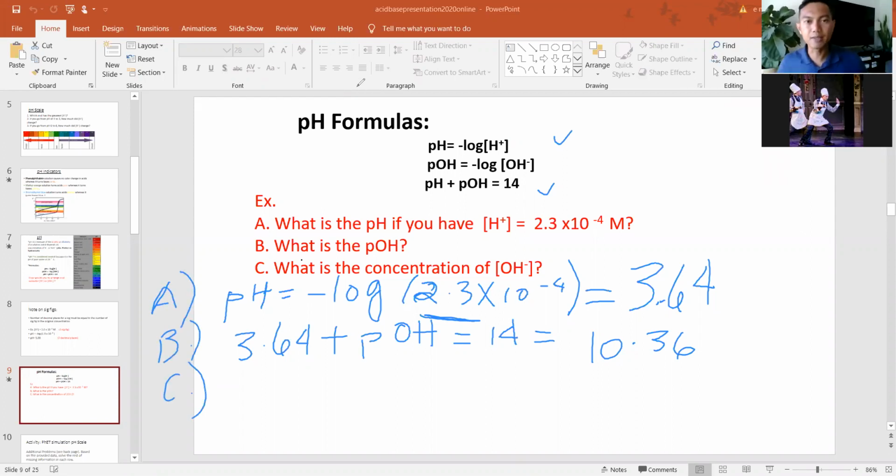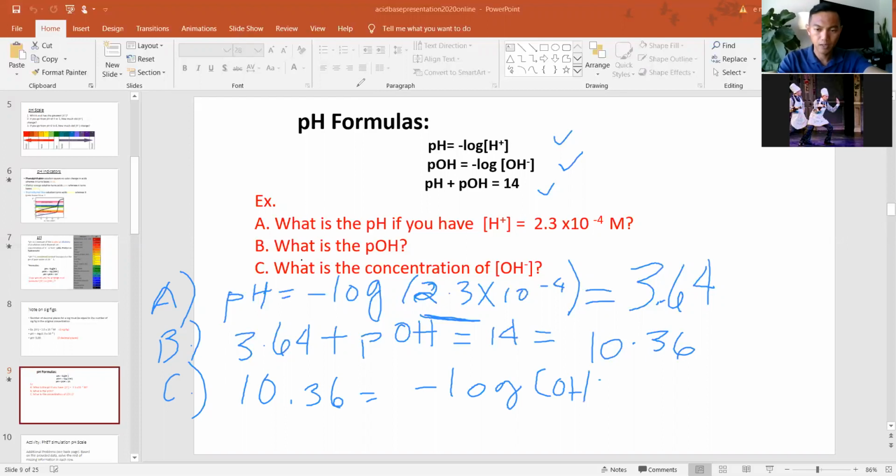For part C, they said, great that you have your pOH, but now can you figure out the concentration of OH minus, that hydroxide, which tells us we've got to use the last equation here. 10.86 is the pOH, and then it's a negative log of OH minus. So now what's missing is on the right side. We have our pOH from the previous step.